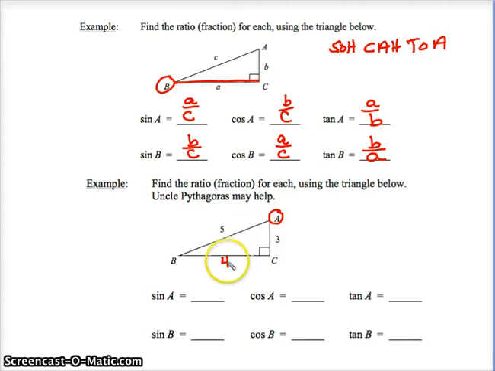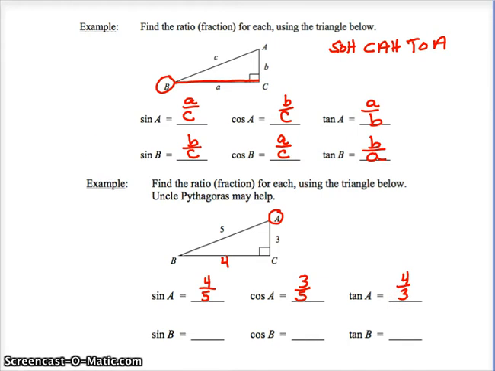So the opposite of angle A is 4, and the hypotenuse is 5. How about the cosine of A? Cosine is the adjacent over the hypotenuse, so the adjacent is 3, and the hypotenuse is 5. The tangent of A is the opposite over the adjacent, which is 4 over 3.